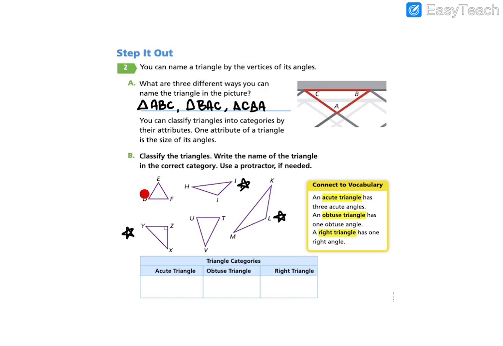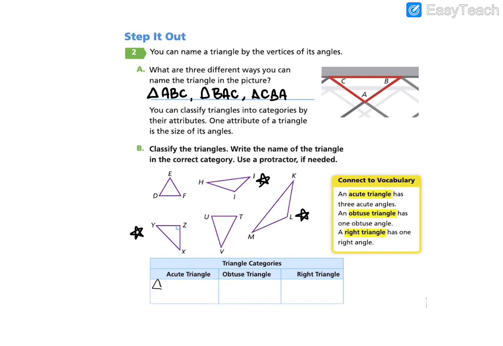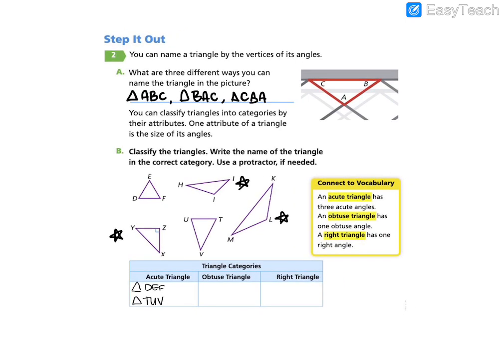So that tells me that triangle DEF and triangle TUV must be acute triangles because they have 3 acute angles. So I'll label them. I write my triangle first, DEF, and then TUV.